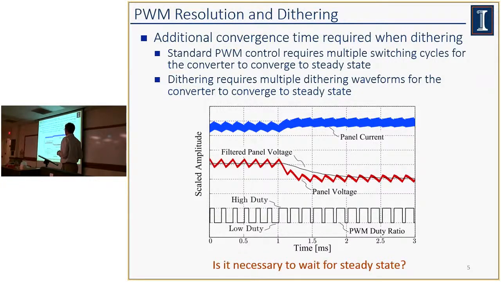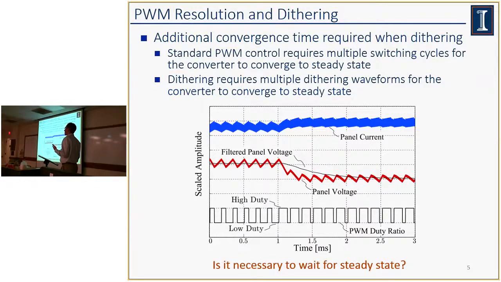However, there as well, as we decrease the time constant of the filter, we're allowing the filter to ripple more during these dithering intervals. And again, that's decreasing our tracking effectiveness. So with these constraints, we have this clear trade-off between resolution and tracking speed.